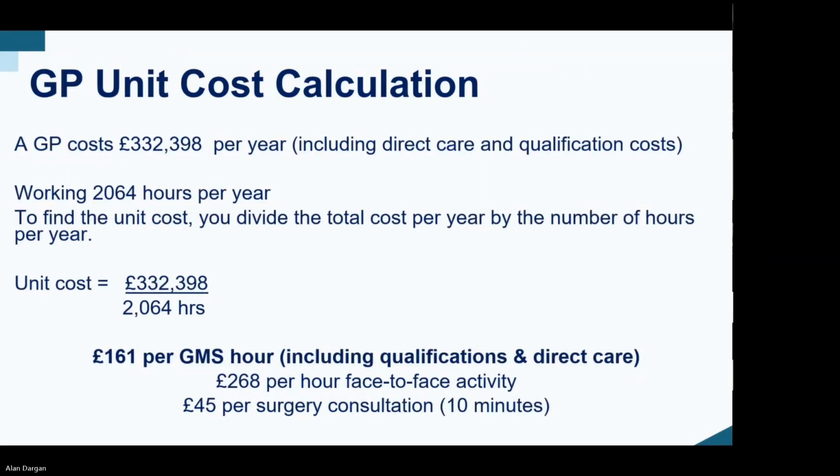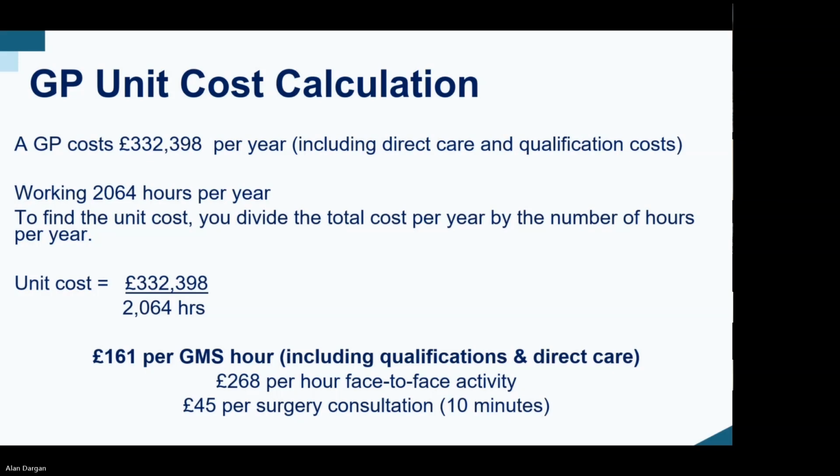So finally, let's look at GP unit costs. In 2024, a GP costs £332,398 per year, and that's including direct care and qualification costs. In 2024, GPs worked 2,064 hours per year on average.